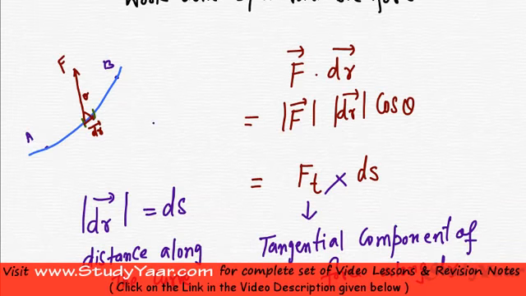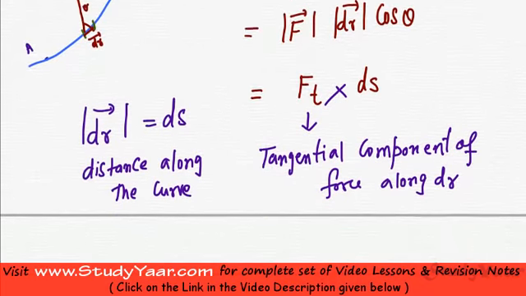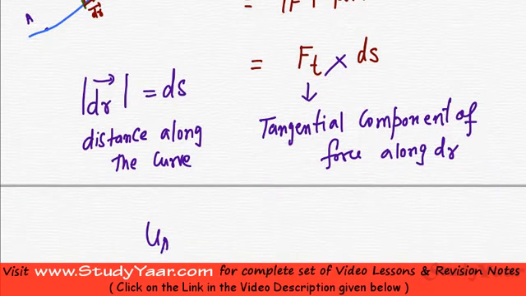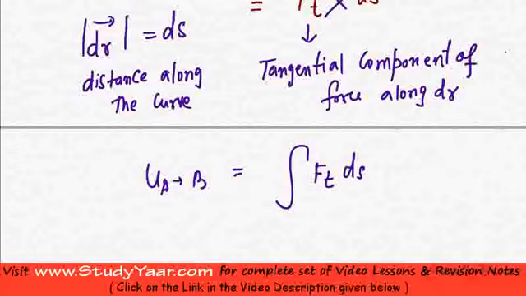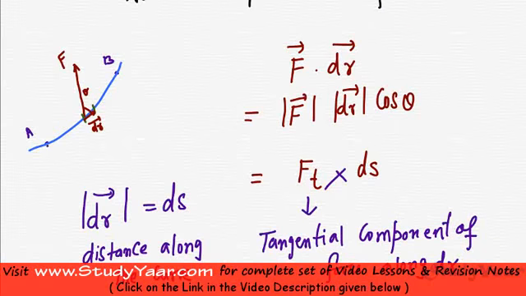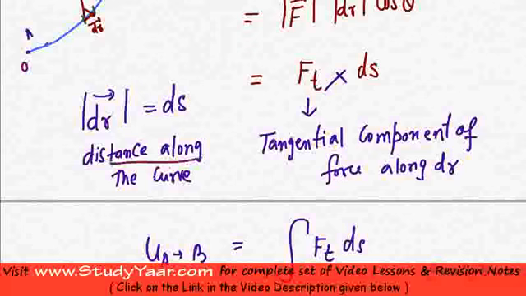Therefore your total work done from A to B is going to be the integration of ft ds, where at point A, what is my displacement? Let us suppose this is my origin O. Then at point A, what is the distance along the curve?